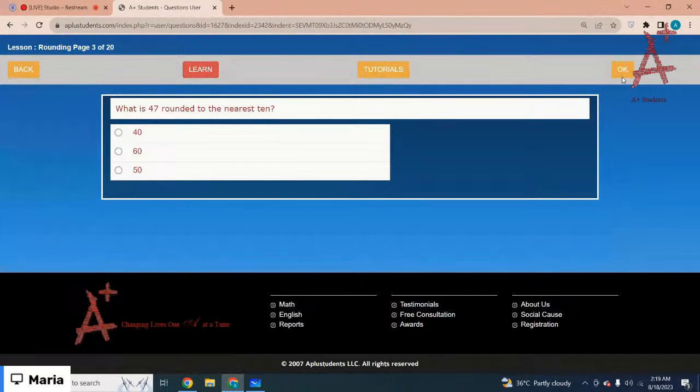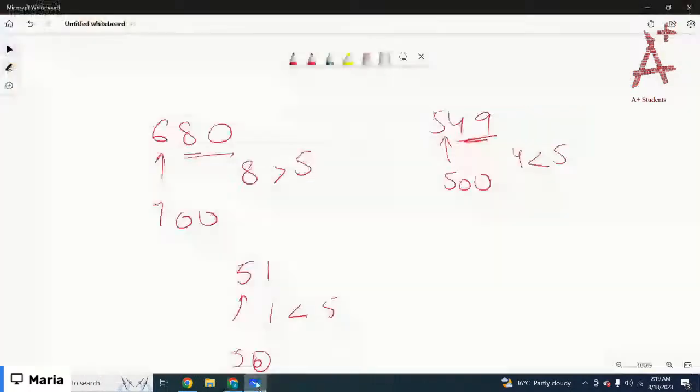Because 7 is greater than 5. 47 you have to round off, right? So the digit right next to the tens digit is 7. 7 is greater than 5. That means you have to round up. 4 plus 1 is 5 and you have to replace the other digit with 0. So it would be rounded off to 50, right? So the correct option is 50.